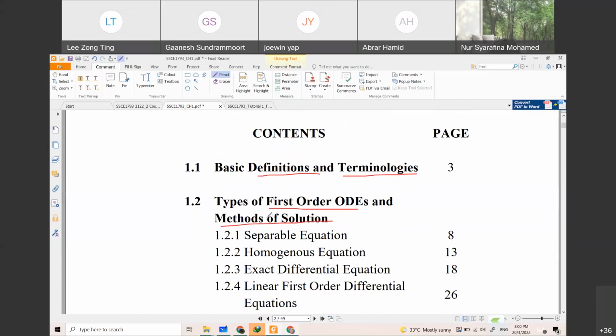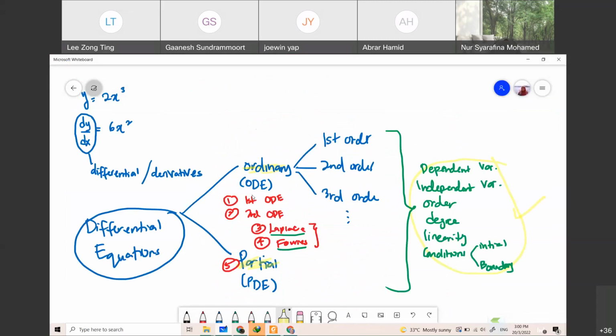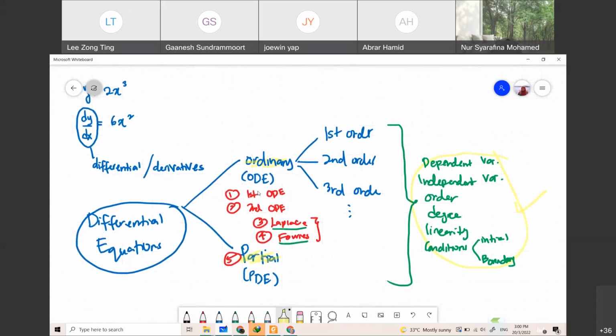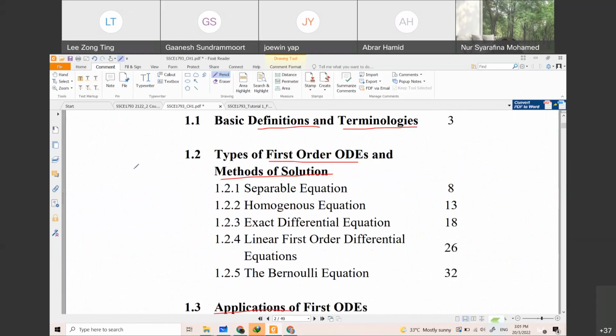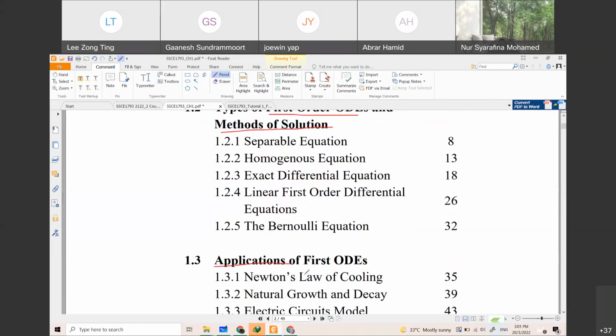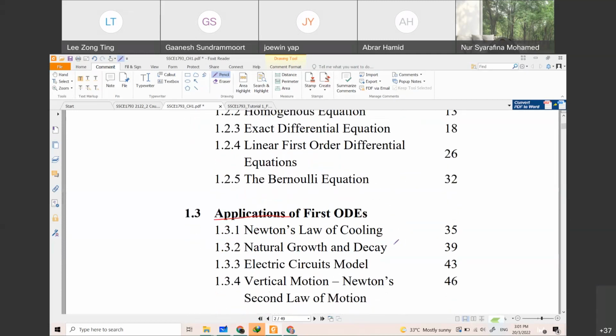Then you proceed with the types of first order: separable, homogeneous, exact, linear, and Bernoulli. We will go one by one and learn how to solve each type, and then the applications of first order.